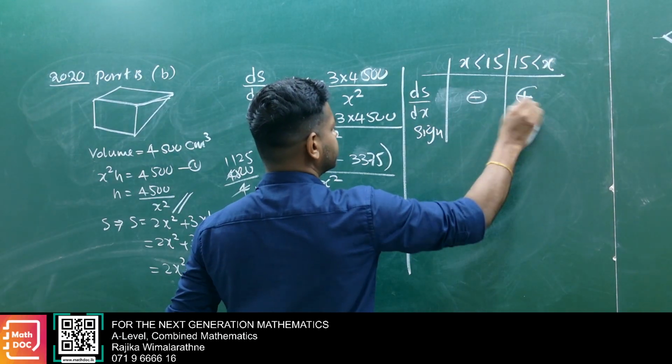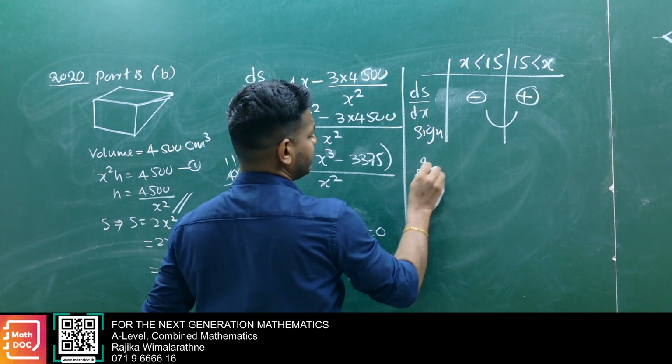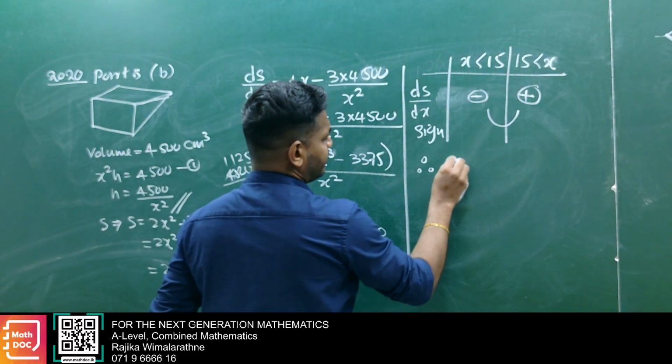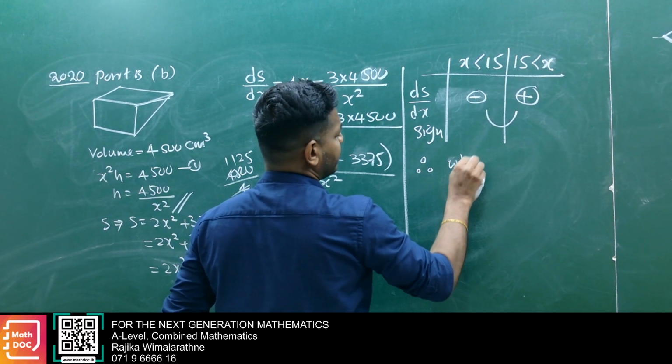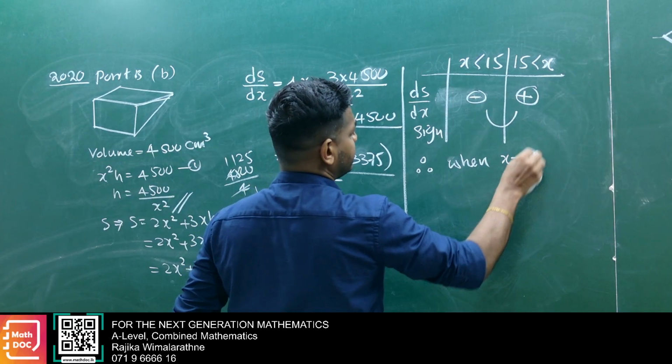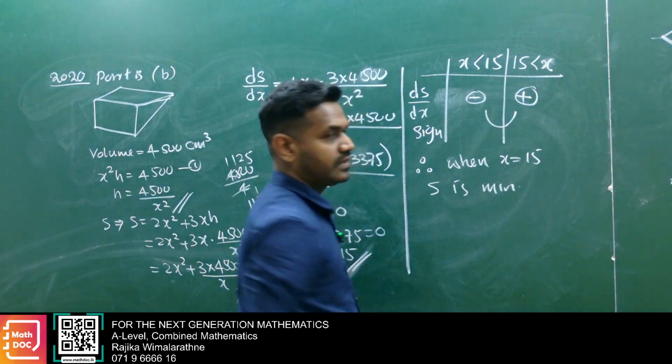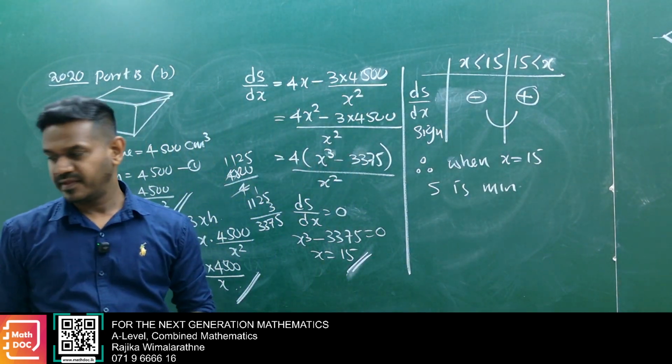Negative to positive means minimum. Therefore, when x equals 15, S is minimum. Complete.